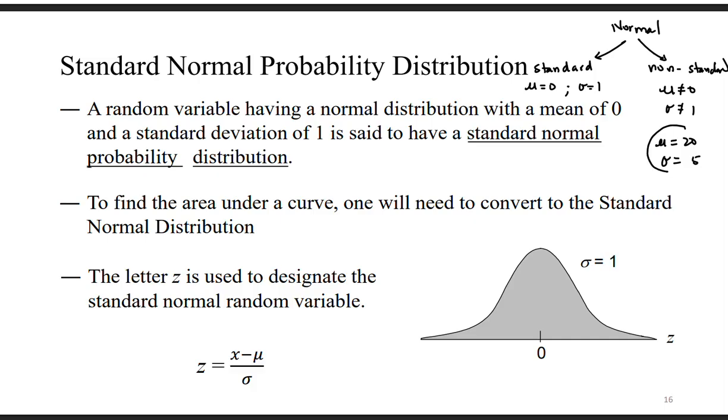That is a non-standard normal distribution, right? Now, the interesting thing is, to find the probability for a normal distribution, we have to convert a non-standard normal distribution into a standard normal distribution. And then after that, we will use the standard normal table to find the probability.